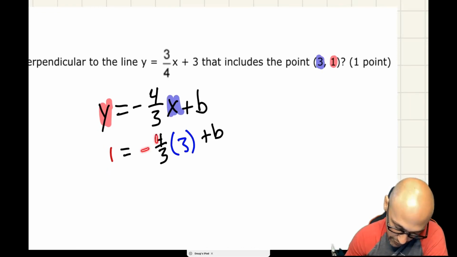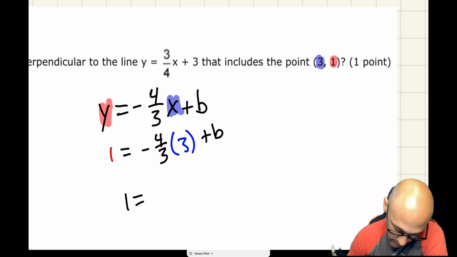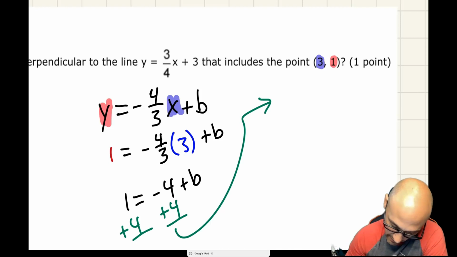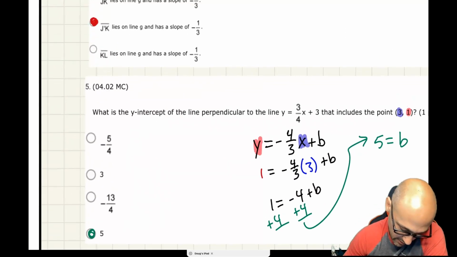Now negative 4/3 times 3, well, those 3's cancel and make a 1. So we have 1 is equal to negative 4 over 1, so negative 4 plus b. Now we can add 4 to each side, and we will get 5 is equal to b, and therefore our answer is right there.